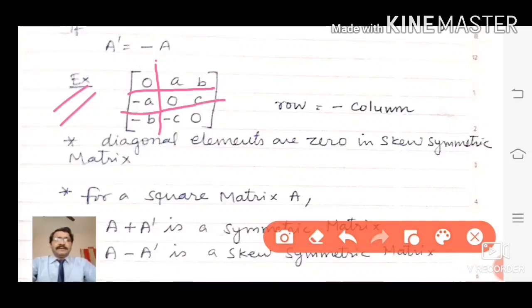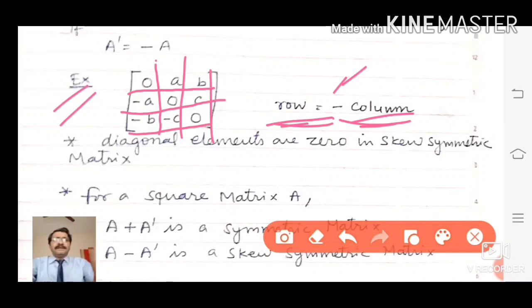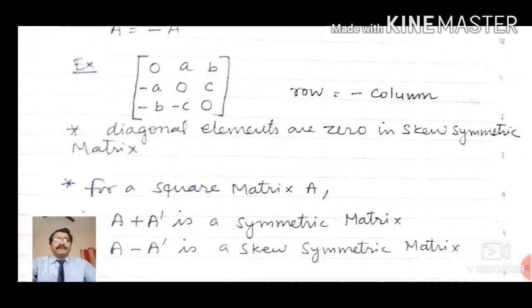Second row and second column, the change is only the negative sign. Third row and third column, only the negative sign. So here rows and columns differ by the negative sign. You can see one special case here: the diagonal elements are 0 in a skew symmetric matrix. All the diagonals are 0.